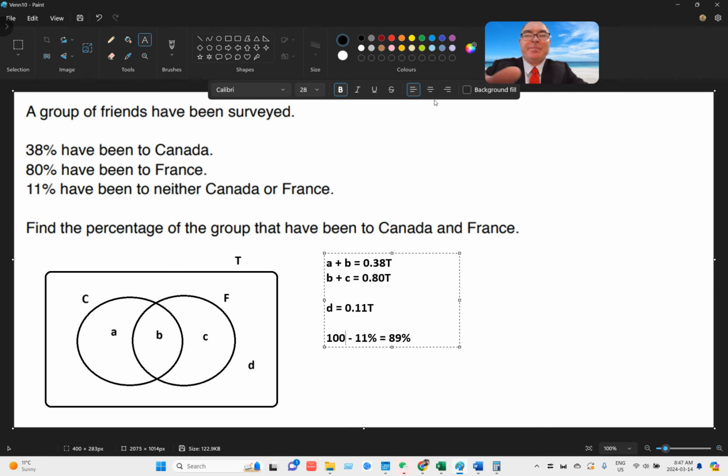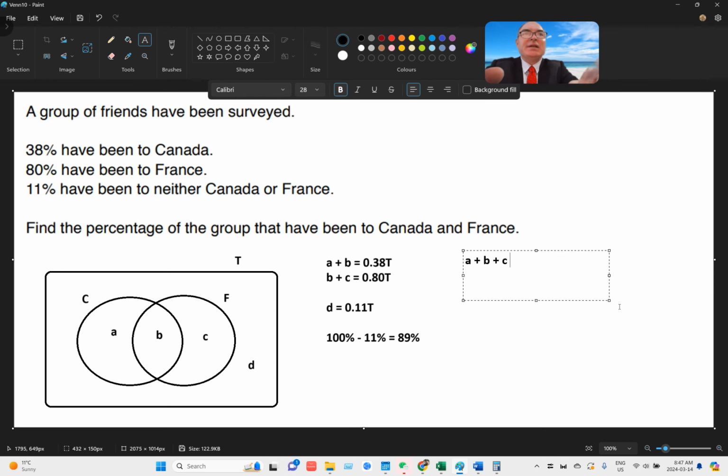Yes. So that means A plus B plus C is equal to 0.89T.